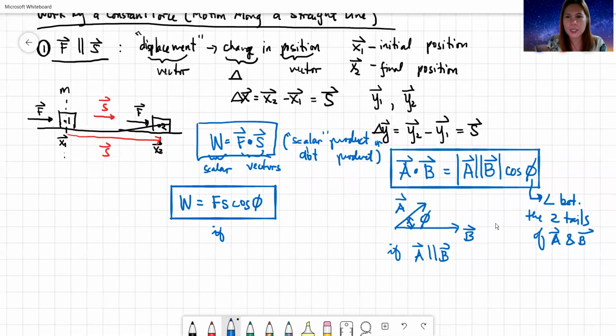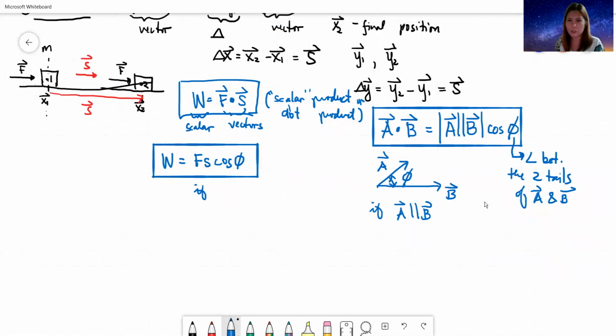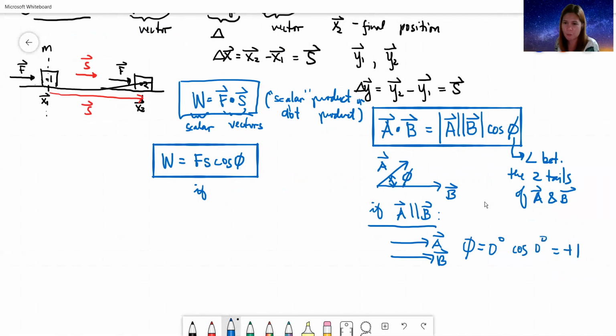If they are going in the same direction, then the angle between them is zero. Let's say A is going here, B is going here. When you put them tail to tail, their phi is 0. And then remember, cosine of 0 is positive 1.